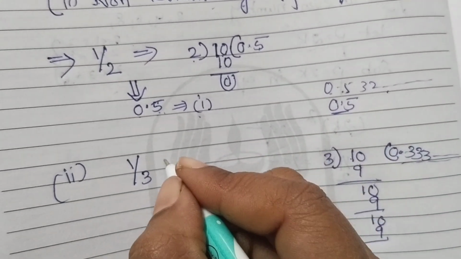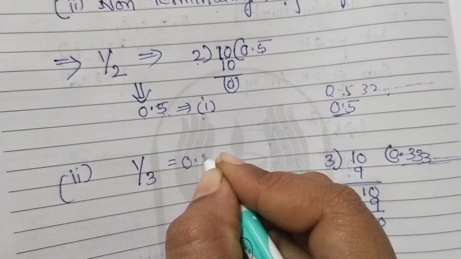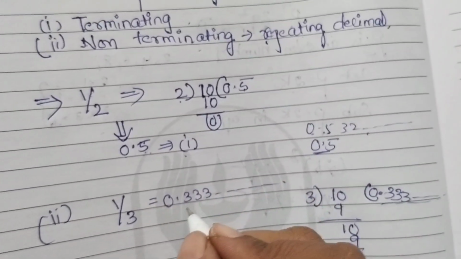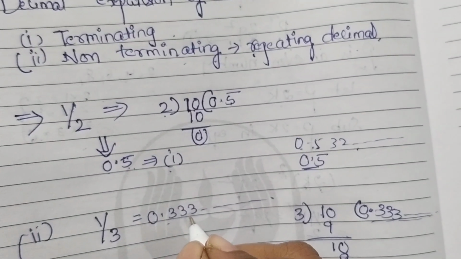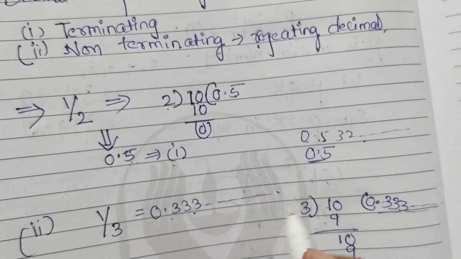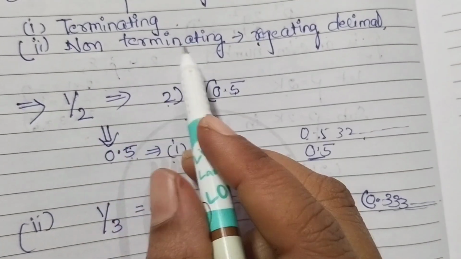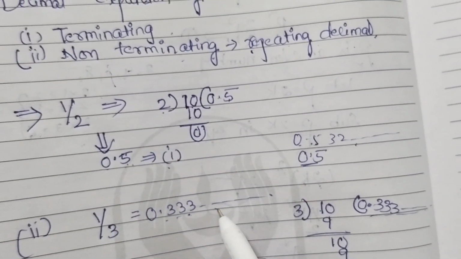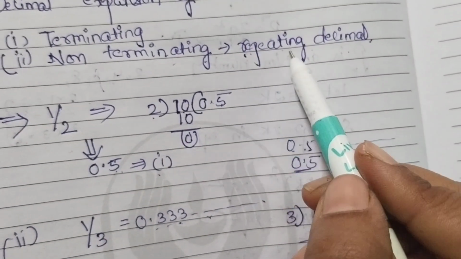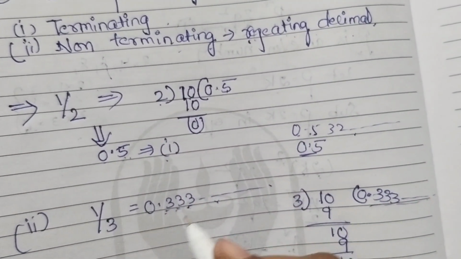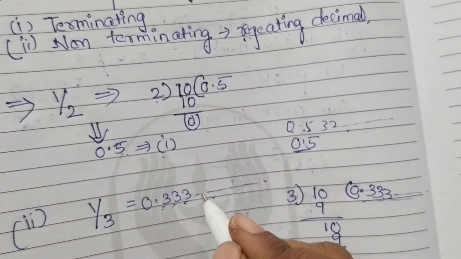What is our answer here? 0.333 and so on. Right? This is non-terminating. We are not getting remainder 0. So this quotient goes on repeating. Non-terminating. It is not stopping anywhere. And what is the definition of repeating here? Repeating means if you see the numbers 3, 3, 3, the same number is repeating, right?